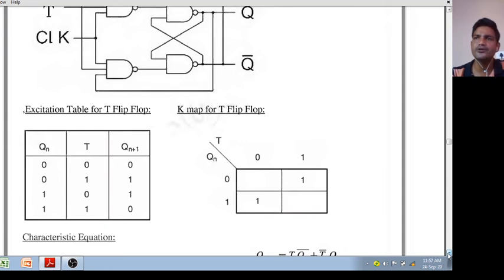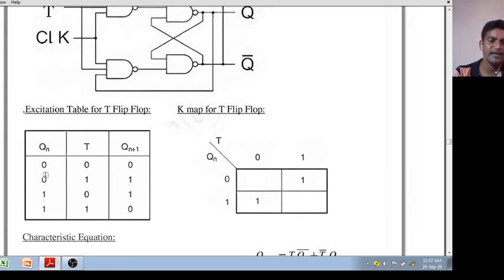If T equal to 0 means J equal to 0, K equal to 0. You know, if J equal to 0, K equal to 0, Qn plus 1 equal to Qn. So whenever value of T will be 0, Qn plus 1 equal to Qn. When T equal to 1 means J equal to K equal to 1. You know, if J equal to K equal to 1, that is called toggle condition. So Qn plus 1 equal to Qn bar.